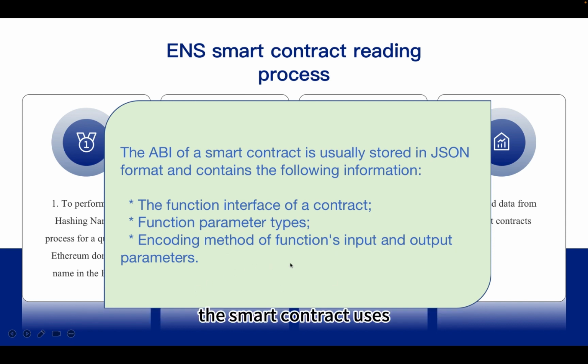The smart contract uses encoding formats such as Solidity ABI. Smart contracts use these encoding formats to encode the input and output parameters of functions in order to interact with the Ethereum network.